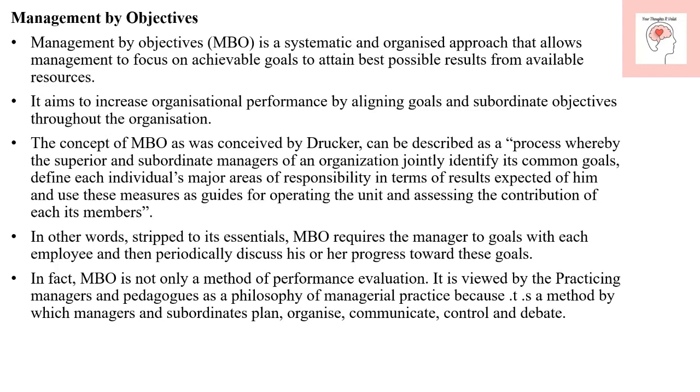So what does it aim at? It aims to increase organizational performance by aligning goals and subordinate objectives throughout the organization. Okay, so they align goals as well as subordinate objectives.